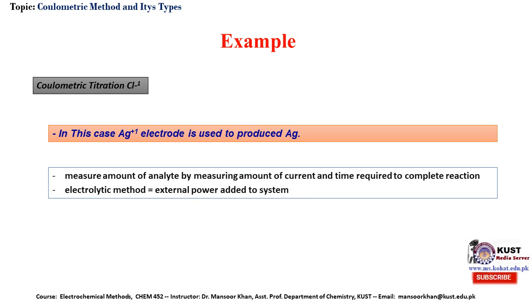So in this case, we measure the amount of analyte by measuring the amount of current and time required to complete the reaction. An external power supply is used to provide electricity because it is the basis of coulometric titration.